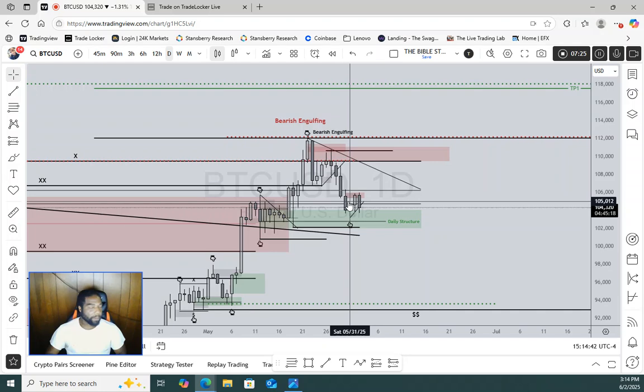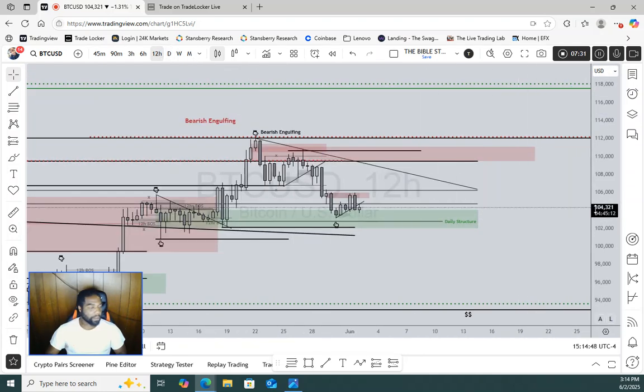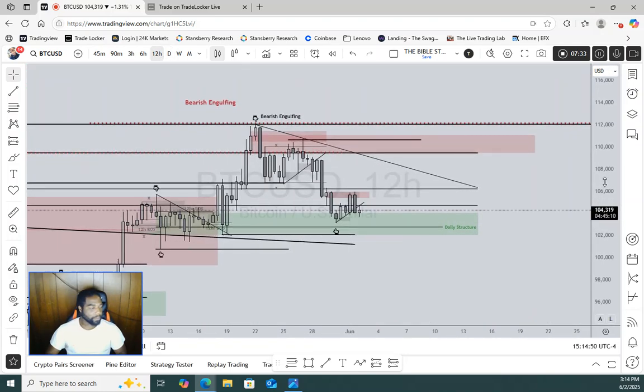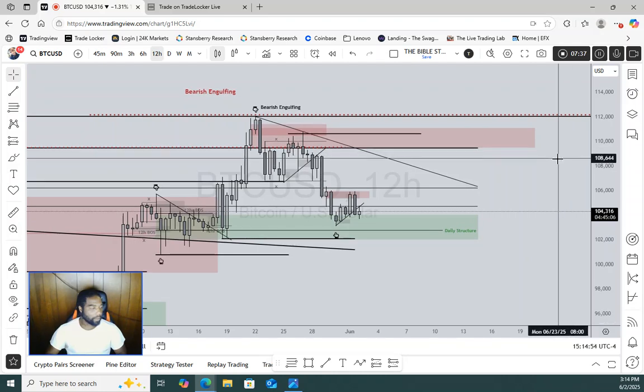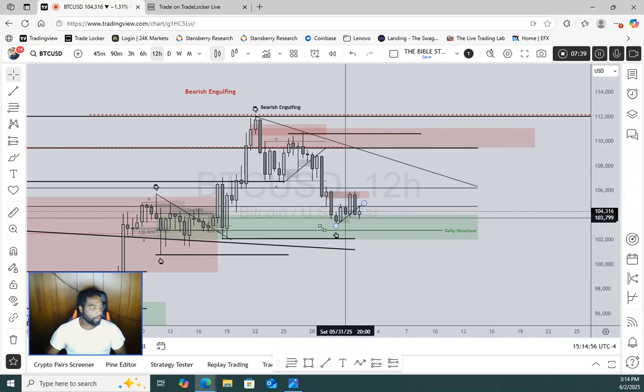So to determine what price is doing right now inside of this daily price action, scale down to the 12-hour. Same thing.